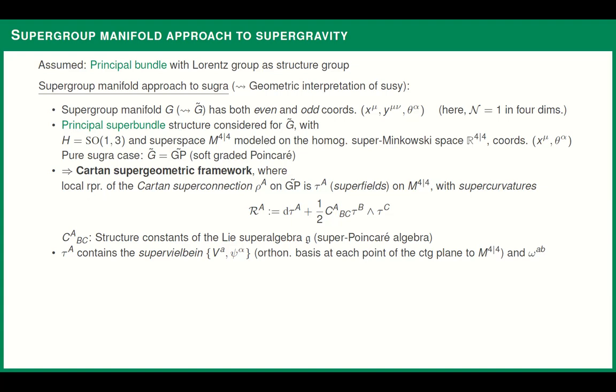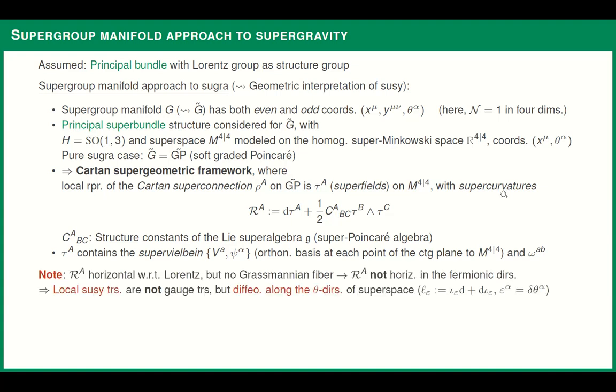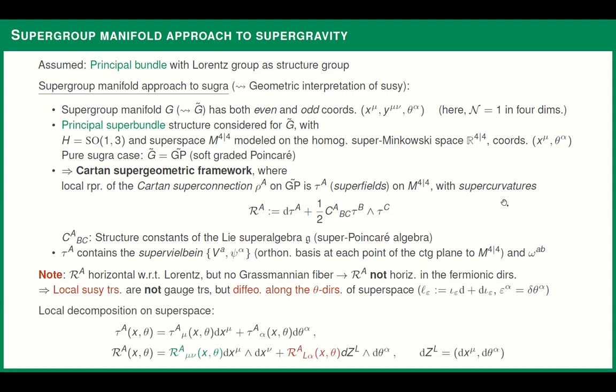It is the same thing, a superfield. But this is the base of superspace. And it is important to notice that these curvatures, the supercurvatures of tau, are horizontal with respect to Lorentz, but not with respect to the Grassmannian fiber, meaning that they are not horizontal with respect to the theta direction of superspace.